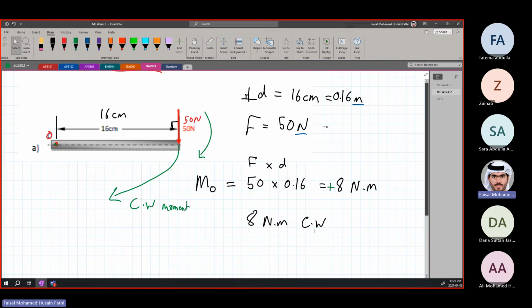Why did you convert the distance into meters? Because the standard unit for moment is Newton meter. So you have to convert any centimeters. In this case, we have centimeters. We have to convert it into meters. That's the only idea because this is the standard notation. It's not wrong if you write Newton centimeter, but this is not standard.